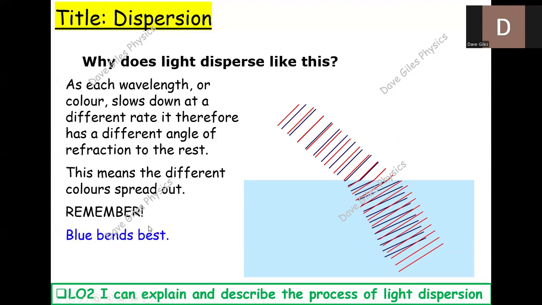So remember, blue bends best. Now, in reality, it's violet because that's the last one. However, violet bends best doesn't really sound easy. It's not quite as easy to remember. So blue, which basically means stuff at that side of the colours of the spectrum, bends more.